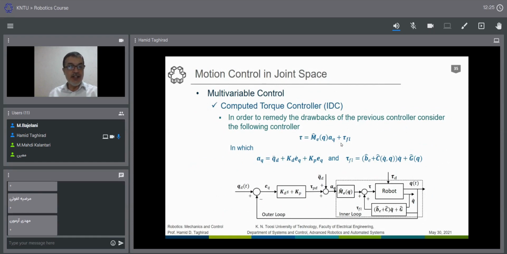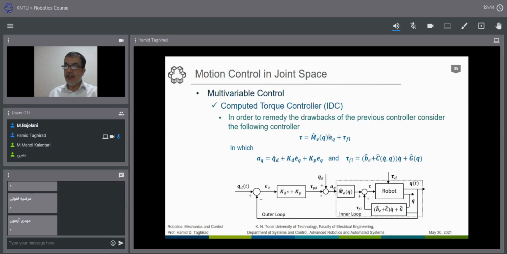handles the nonlinear dynamics of the system and is trying to cancel that based on the model of the system. So TFL includes all the model parameters excluding the M, which comes in the first part.